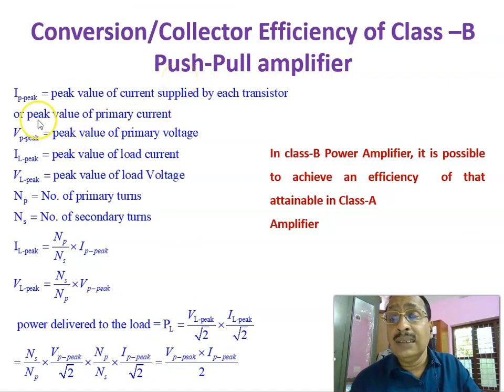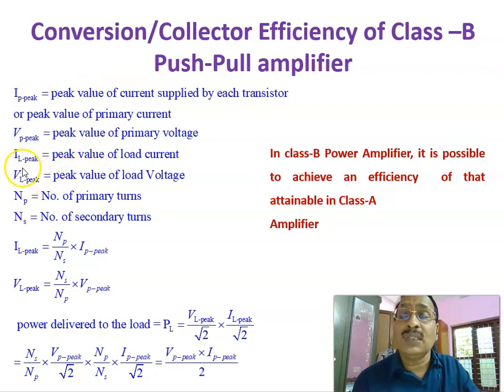In that one, we are assuming IP peak is the peak value of the current supplied by each transistor, the peak value of the primary current, and VP peak is the peak value of the primary voltage, at the output transformer primary side.